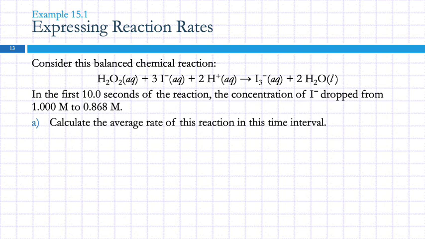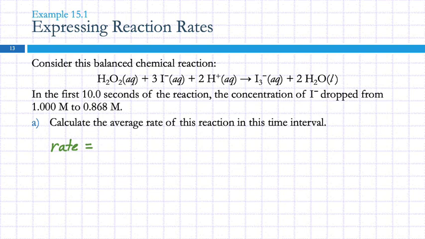So the rate of the reaction is, are we looking at a reactant or a product? I minus. I'm going to stand here until somebody has the guts to say it. Reactant or product?